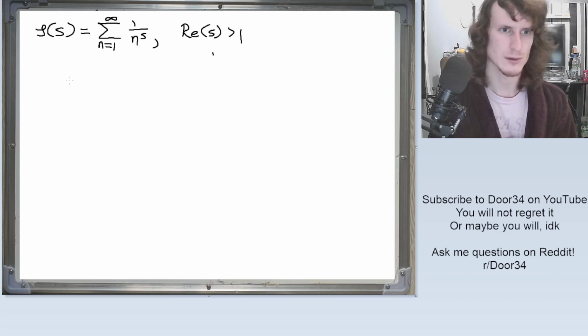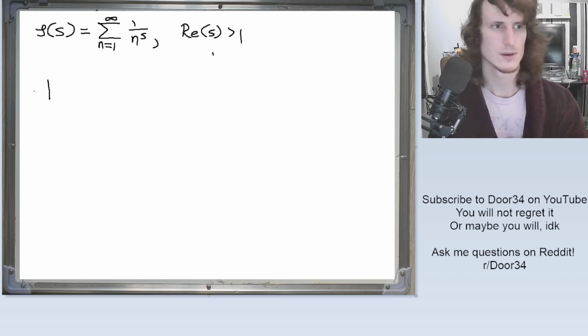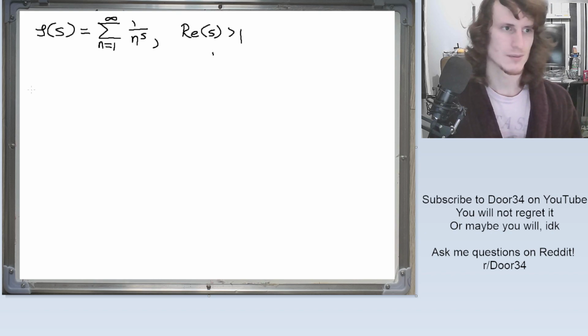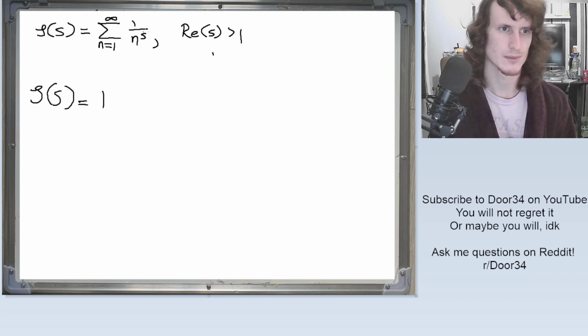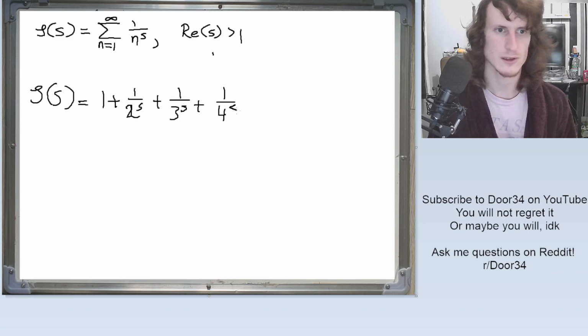So what I'm going to do is start by writing this out as a series. So zeta of S, written in a bit of a less condensed way. We'll get 1 over 2 to the S, plus 1 over 3 to the S, plus 1 over 4 to the S, 1 over 5, and so on.